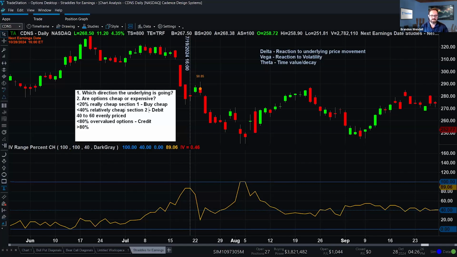Section 2, evenly priced. Section 3. And then, of course, section 4 is the overvalued options. And finally, very expensive. And that's section 5.